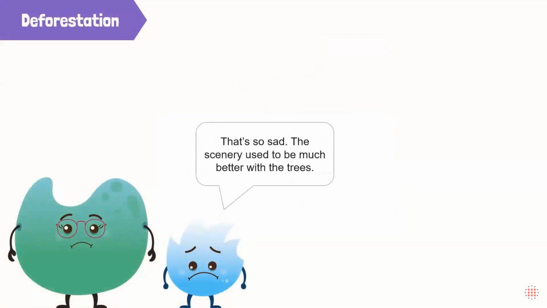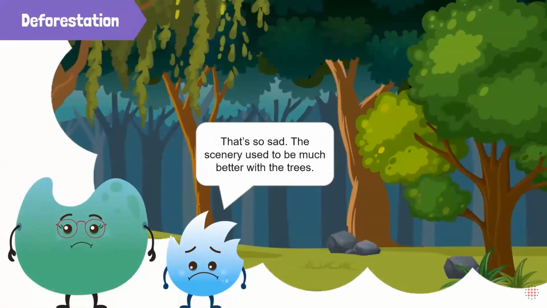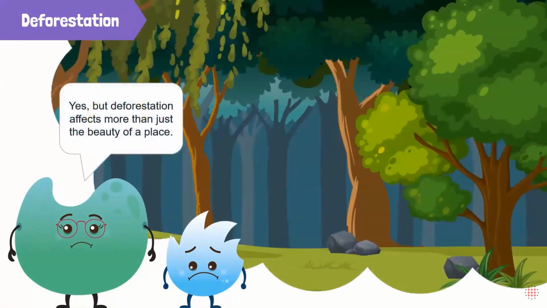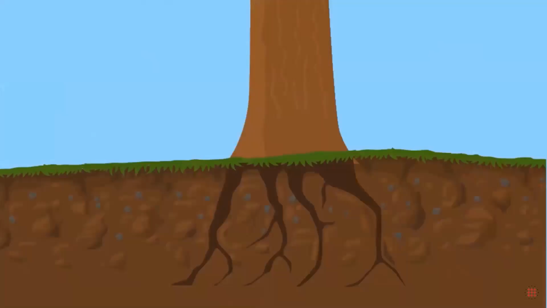That's so sad. The scenery used to be much better with the trees. Yes, but deforestation affects more than just the beauty of a place. It also has a negative impact on the environment. The roots of the trees hold the soil together.